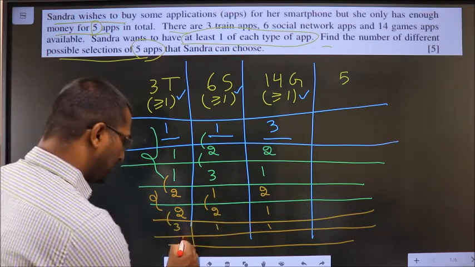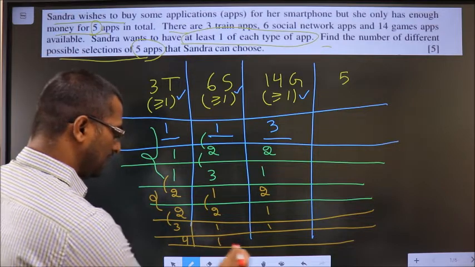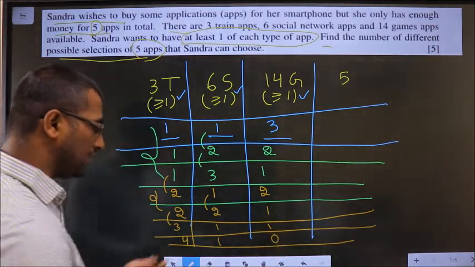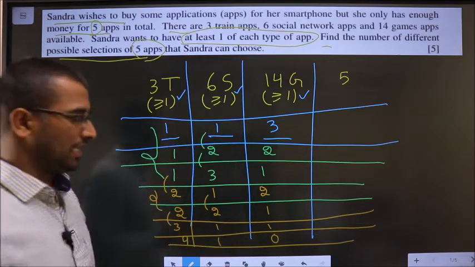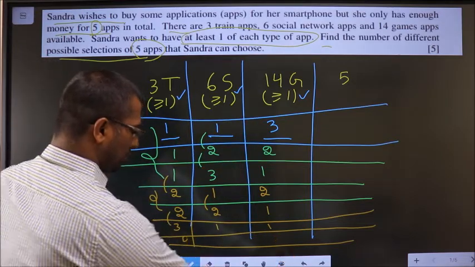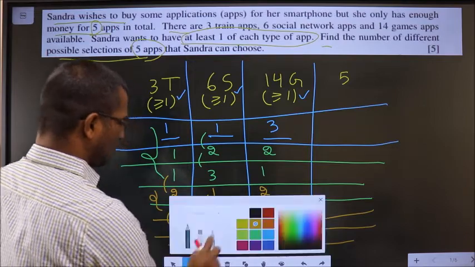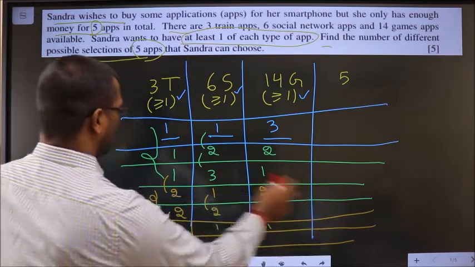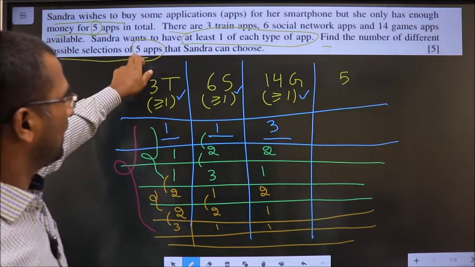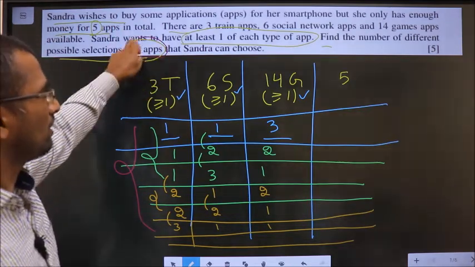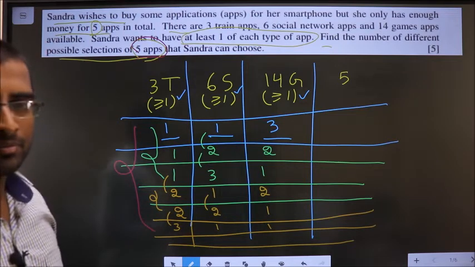Even if I take 4 here, if I take 1 here, here it has to be 0. Only then the count will be 5. If it is 0, it's not satisfying the condition. So I conclude that I have only these options satisfying her condition and the count of 5 apps.